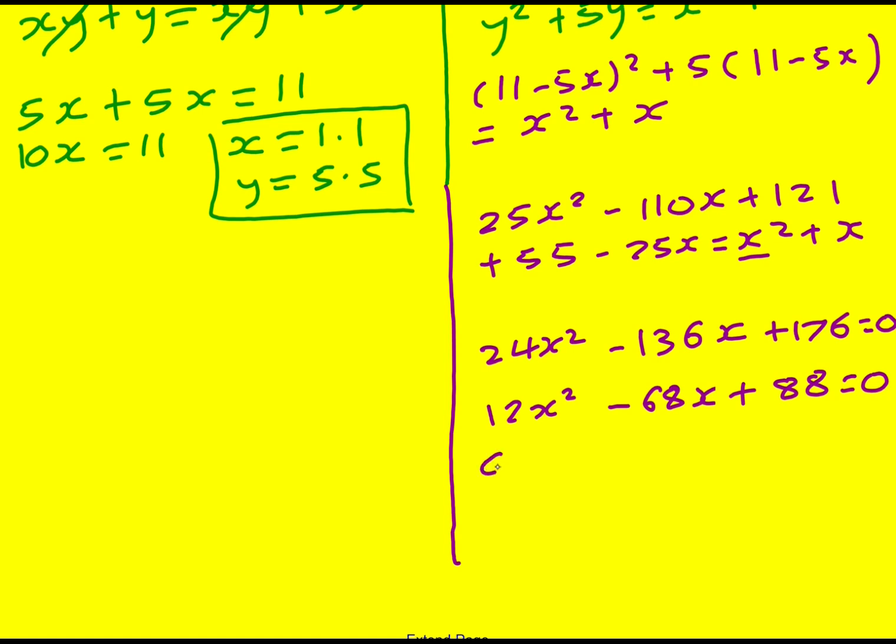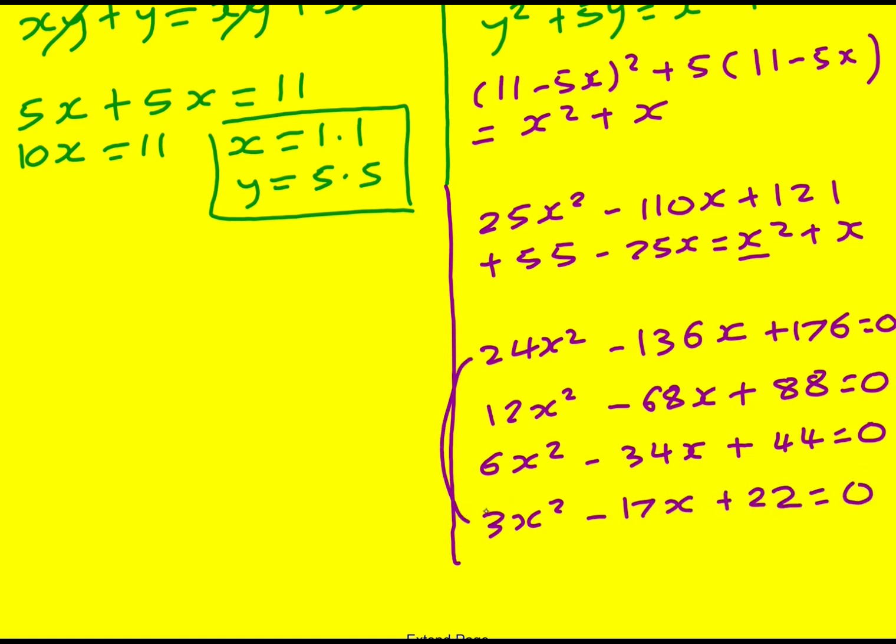Okay, this is even again. So 6x squared minus 34x plus 44 is equal to 0. This is even again. So actually 8, I think, was the highest common factor. So you could go straight from here to here if you spot that.